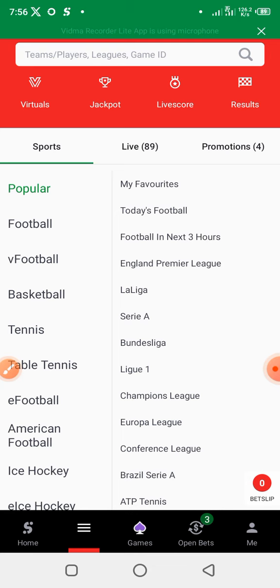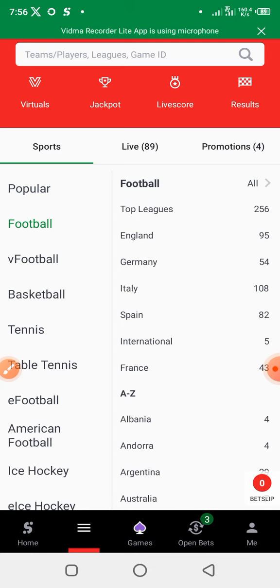So without wasting much of our time, I will be moving on to the leagues that I always make use of for predicting my over 2.5 goals. Actually, for most of my games, if I want to predict over 2.5 goals, I only focus on the German league, because the score goes very well.